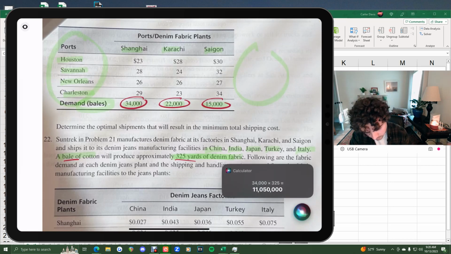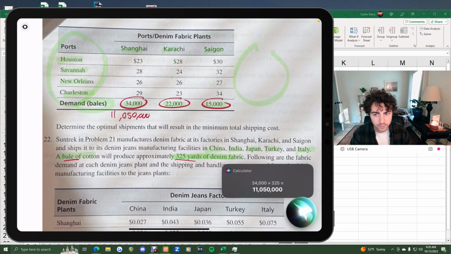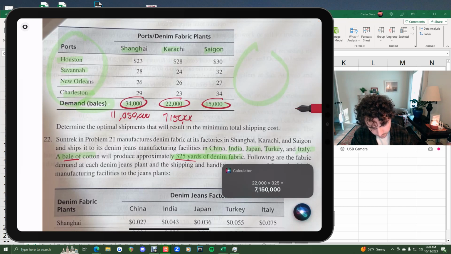The answer is 11,050,000. 22,000 times 325 is 7,150,000. You get it. And then 15,000 times 325. The answer is 4,875,000.